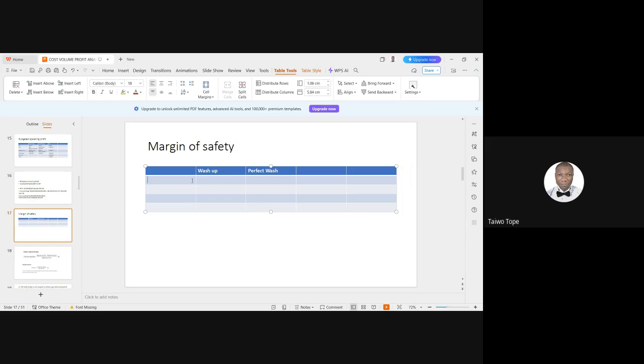Now, the sales in units for Wash Shop is what? 1.12. For Perfect Wash is what? 0.44.